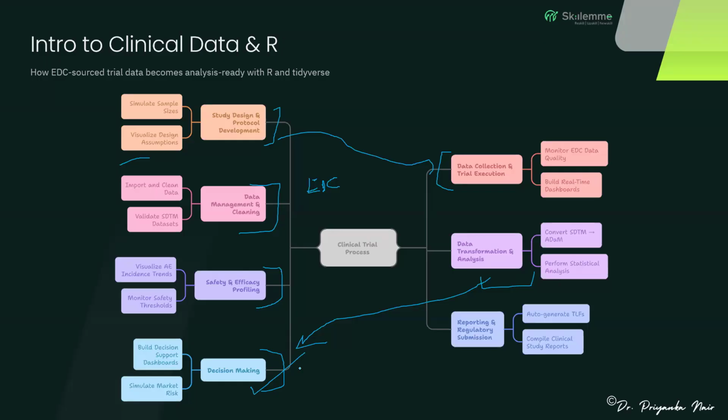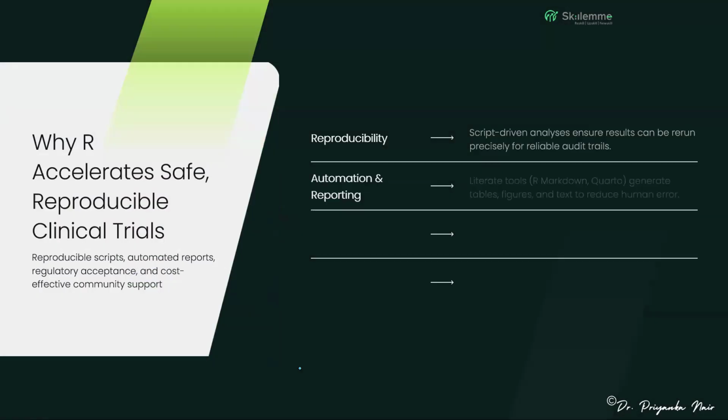So those are some of the typical trial processes, right from the design to data collection, to cleaning, to transformation, analysis, profiling for safety, making those recommendations and taking those very important decisions, and then, of course, making the submission, which is widely accepted on the regulatory norms. So that's the entire overview of how the clinical trial process looks and how R comes into the picture.